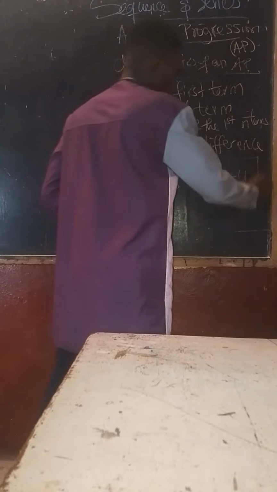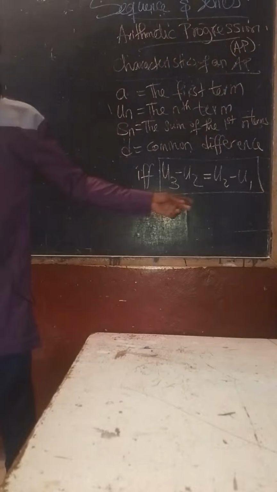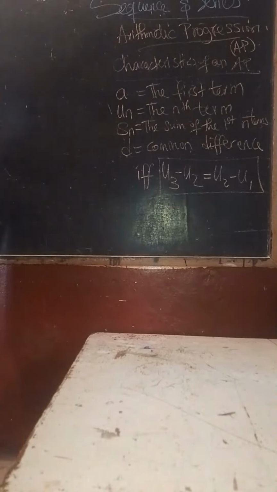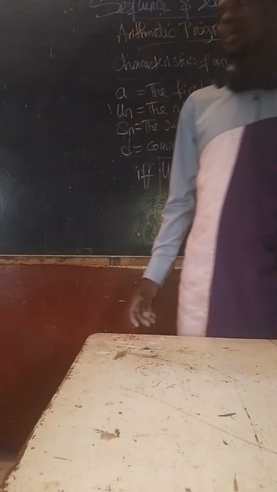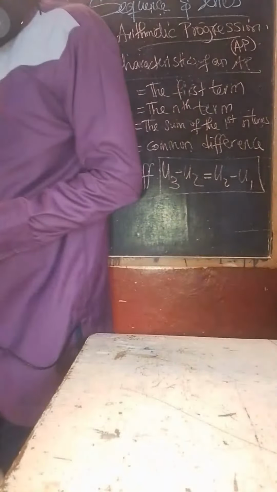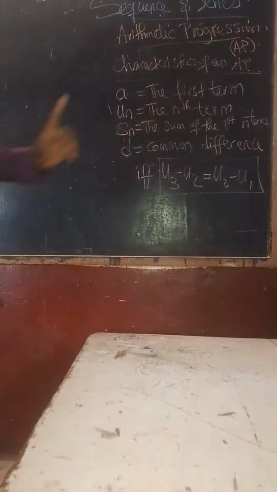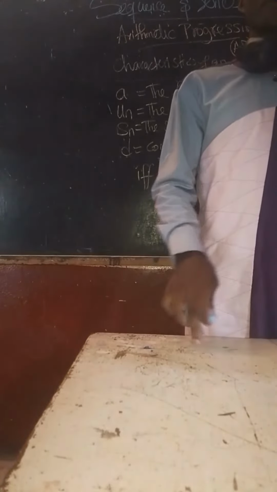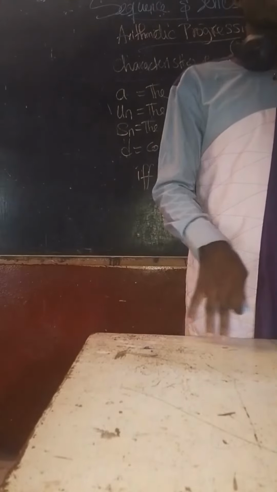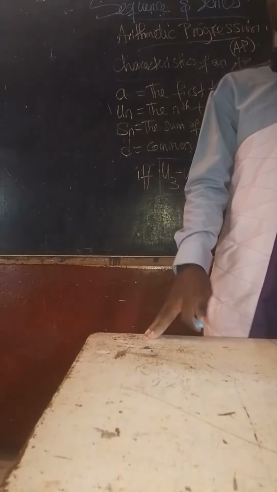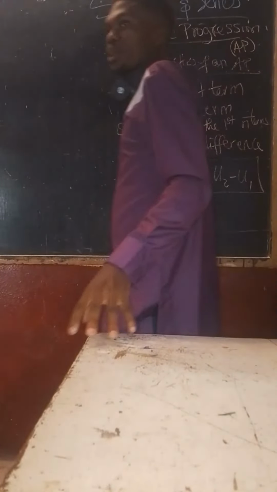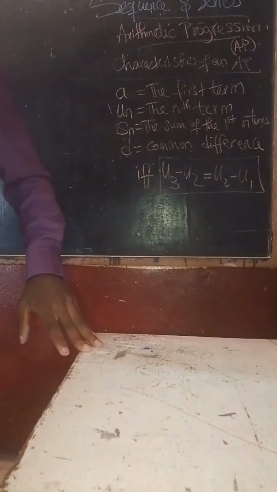Please, we now box this. This is the proof for an AP. This is how you show that a progression is arithmetic.